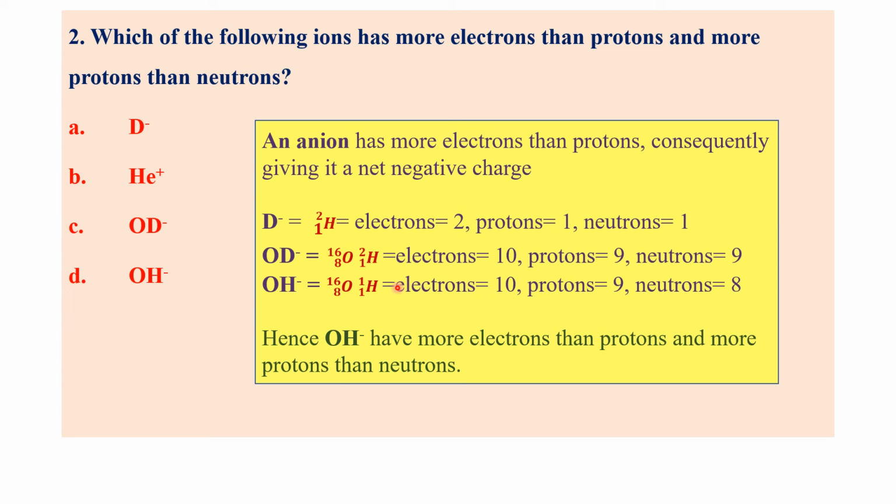Now looking at this sequence, 10 electrons are greater than 9 protons, which are greater than 8 neutrons. So option D is the correct answer.